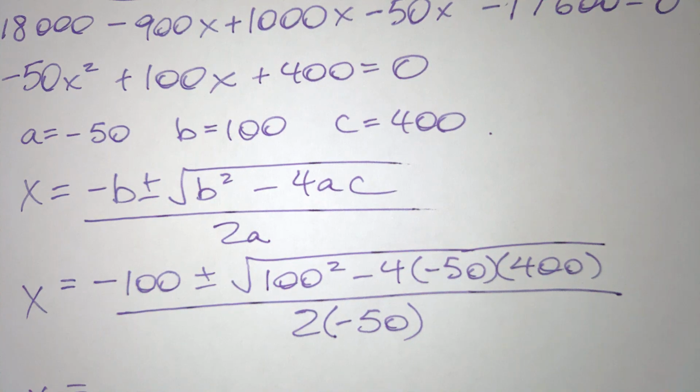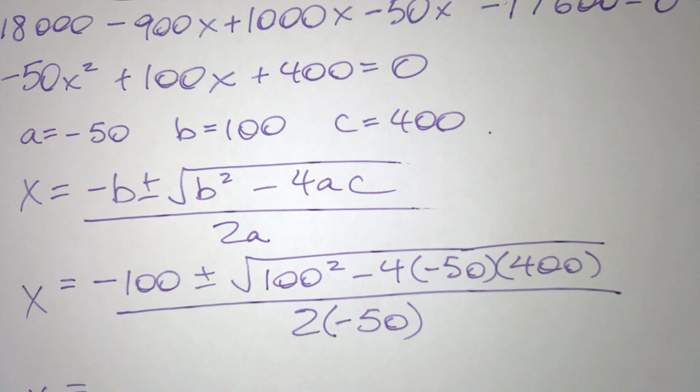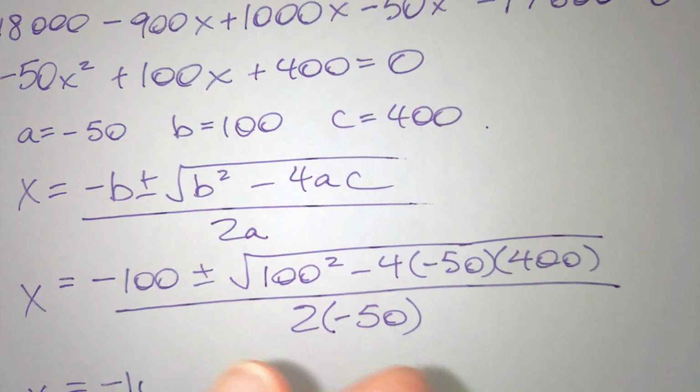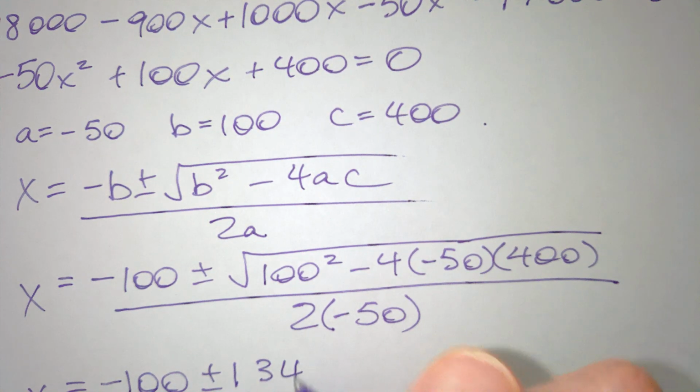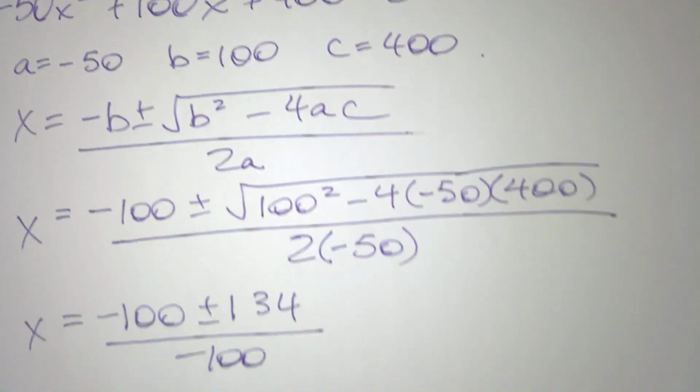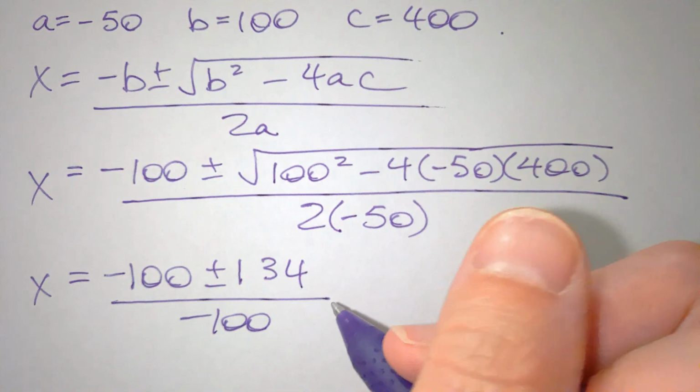100 squared plus 20 times 400, 18,000, square root 18,000, you get 135, plus or minus 134 over negative 100. Oops, sorry.